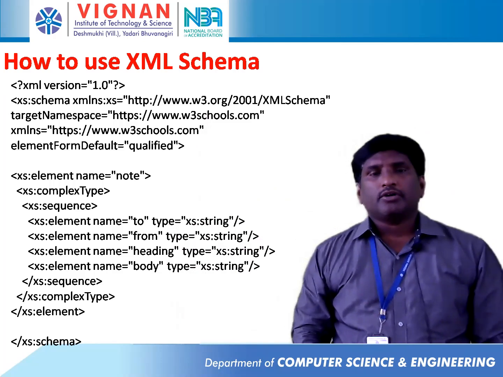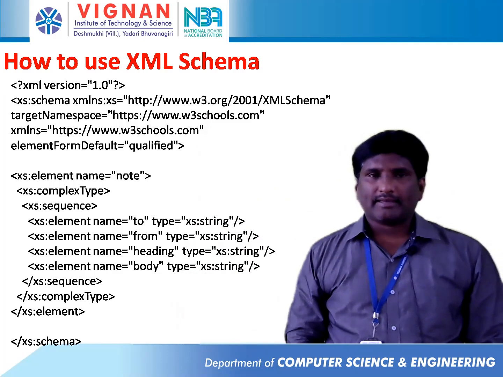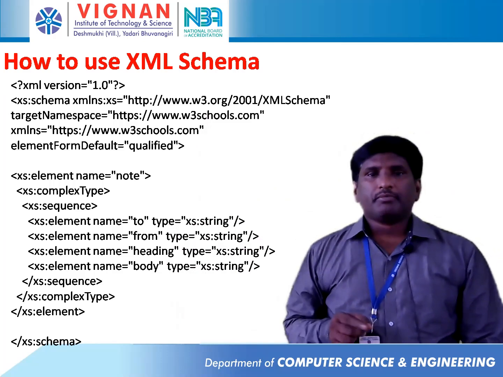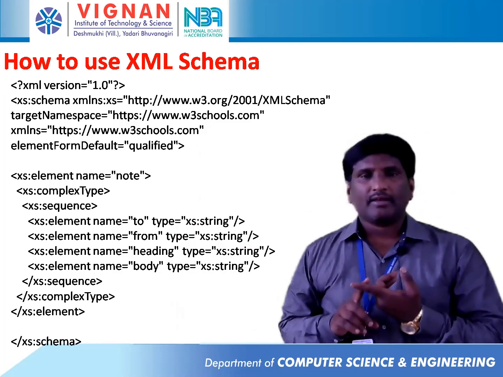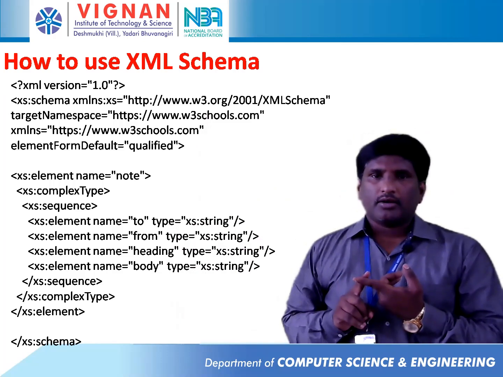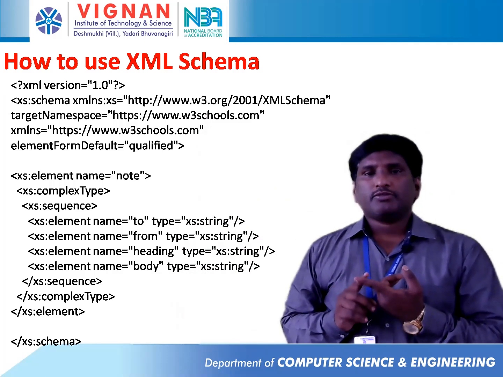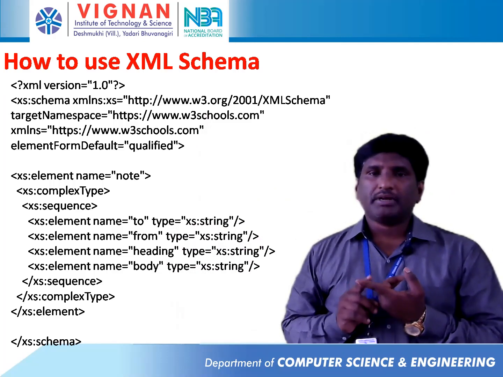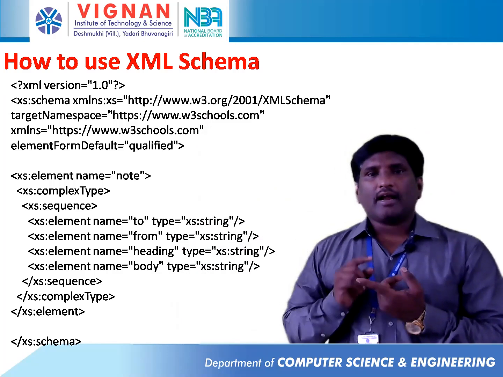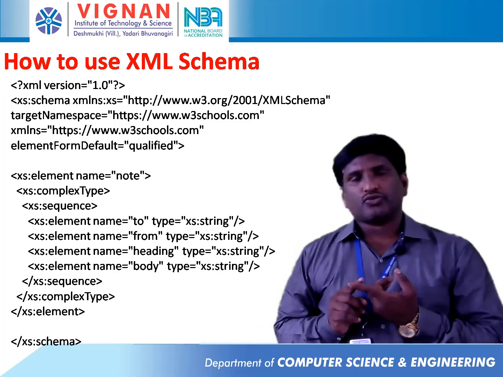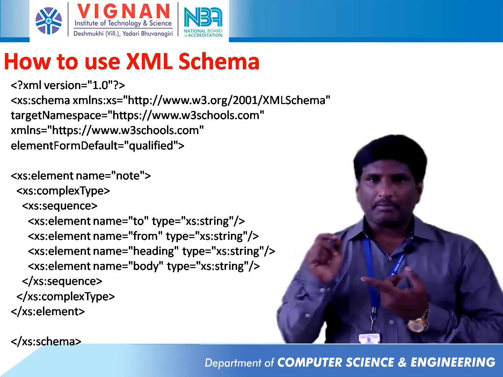So in this way note.xml has a schema, note.xsd. What you should understand is that every XML document can have an XML schema. That XML schema file's extension should be .xsd, and the schema consists of a root element, xs:schema.